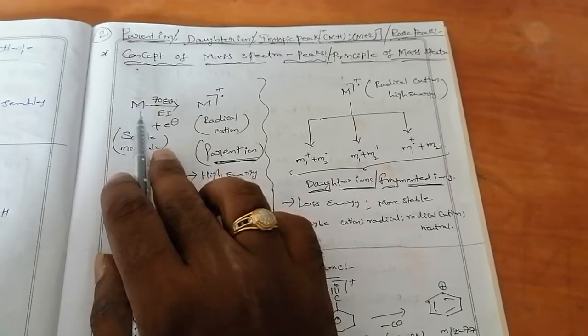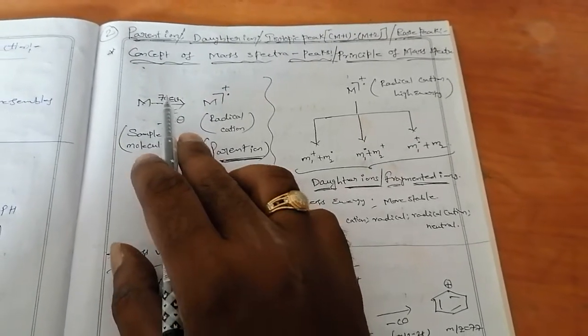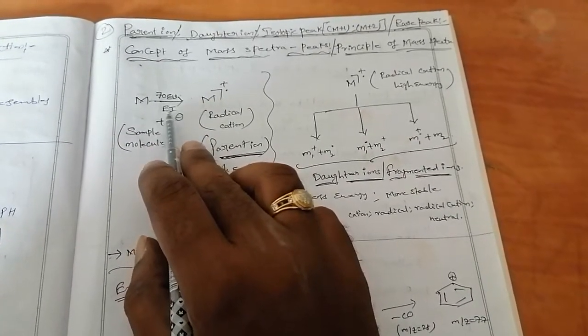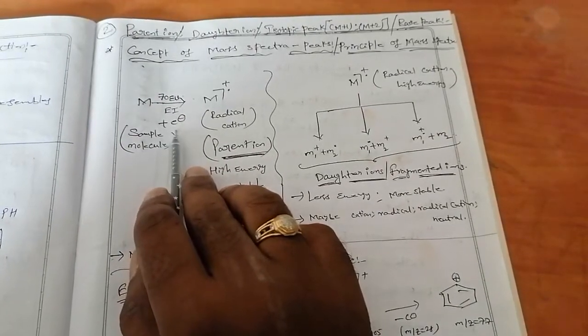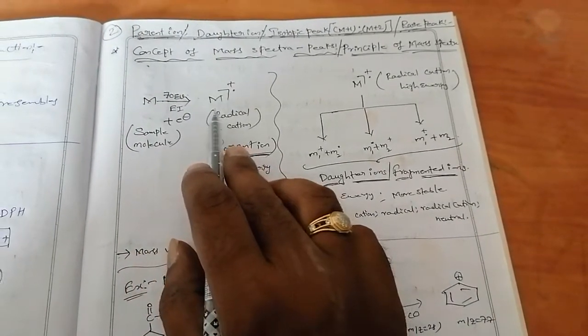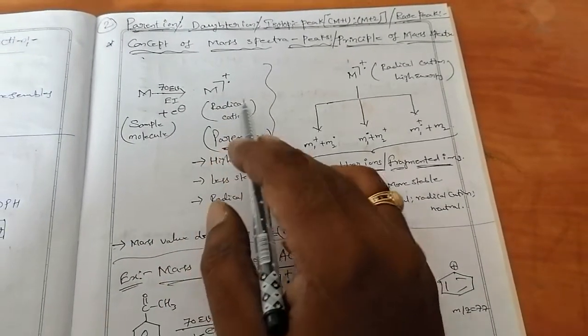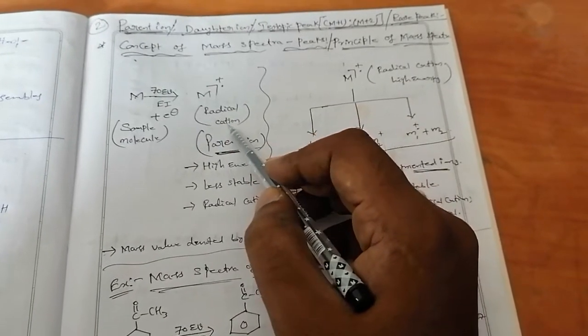Any given sample molecule is irradiated with the 70 electron volt electron impact beam, then it will absorb energy and lose one electron. By this it is converted into a radical cation.